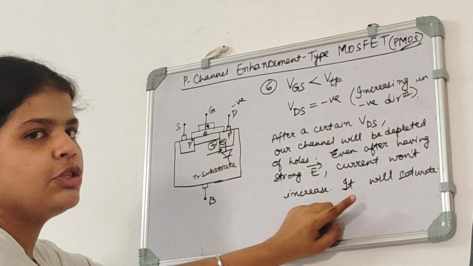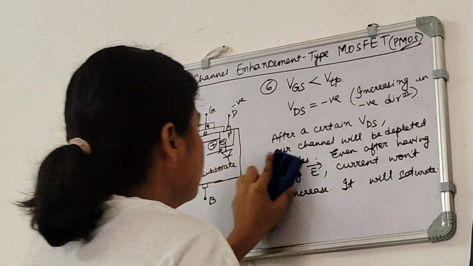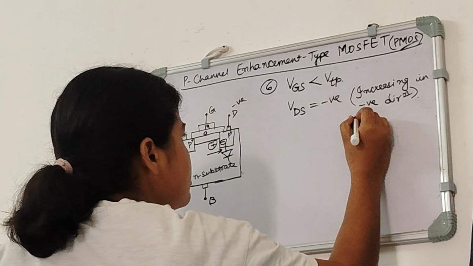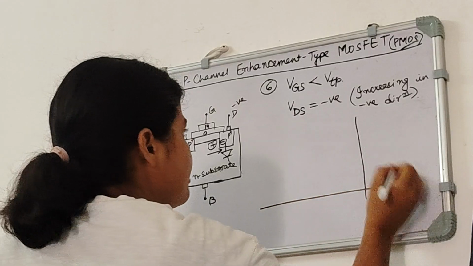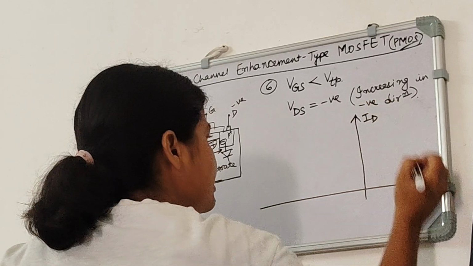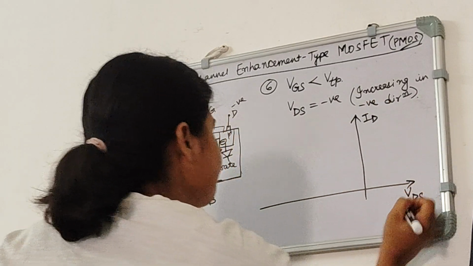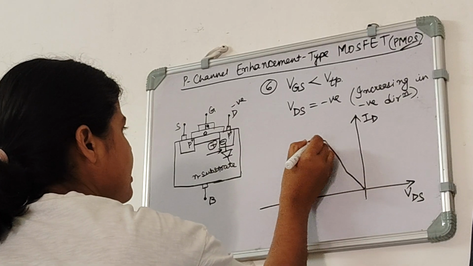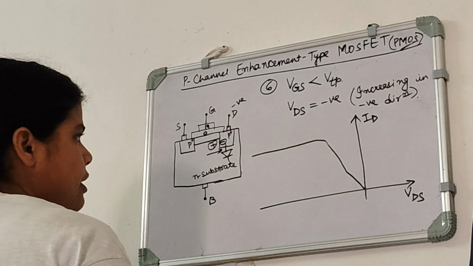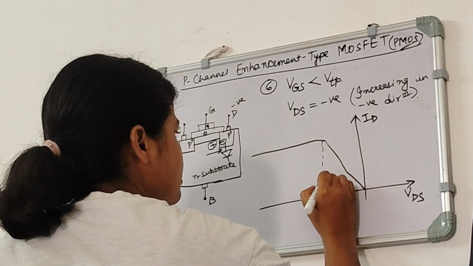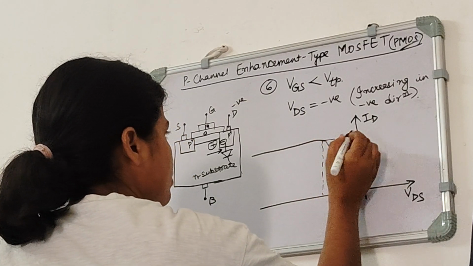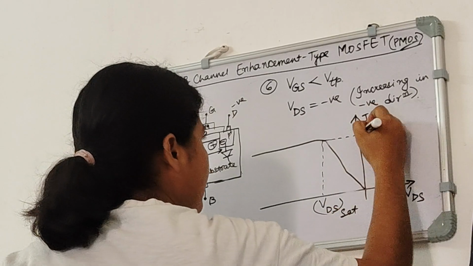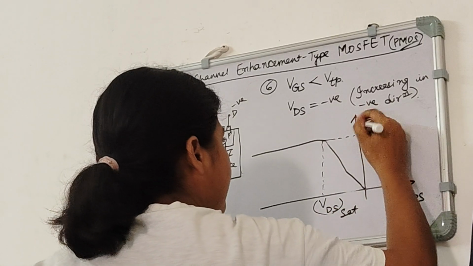So it will just saturate, and we can see its graph like the curve of ID versus VDS. That is, up to a certain VDS our current increases, and then after a certain VDS our current gets saturated. So this is VDS sat, and this is ID sat.